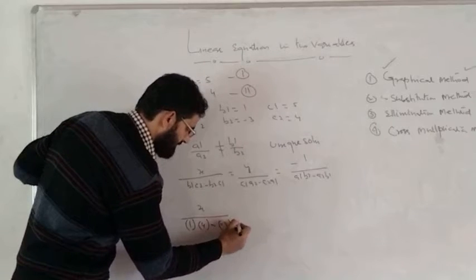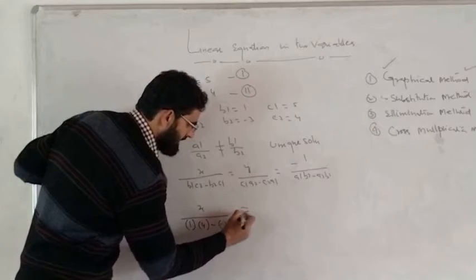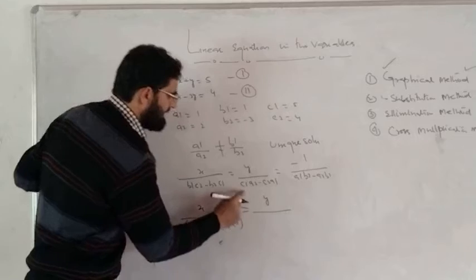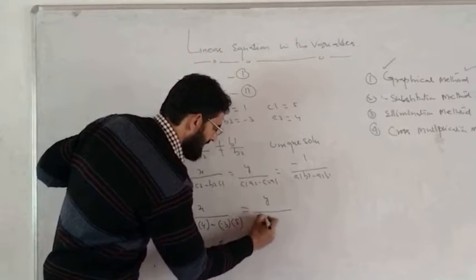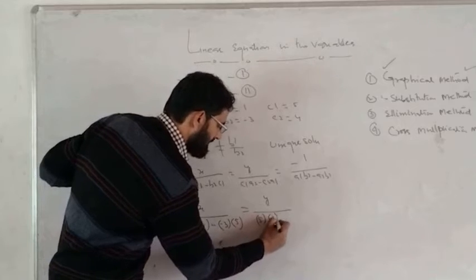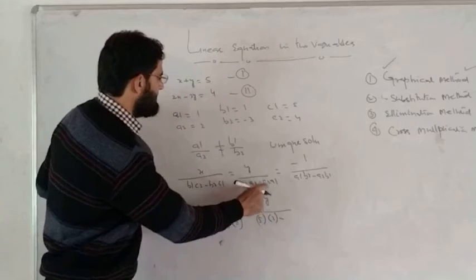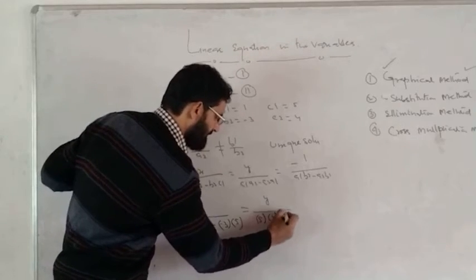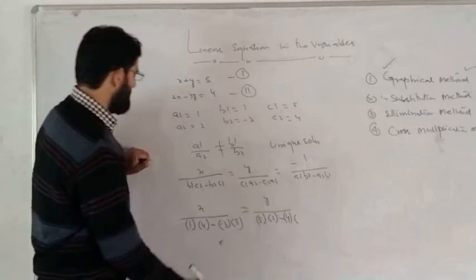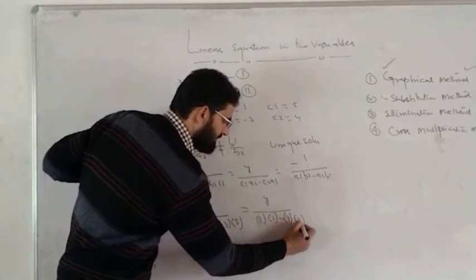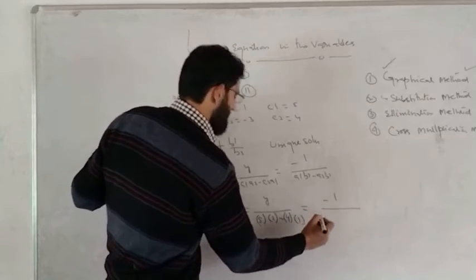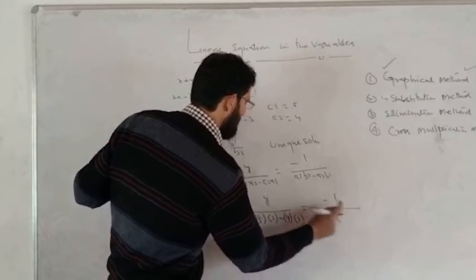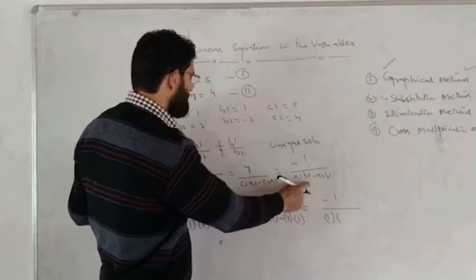It is 5, is equal to y divided by c1, which is 5, into a2, which is 2, minus c2, which is 4, into a1, which is 1, is equal to minus 1 divided by a1 b2, what is b2?